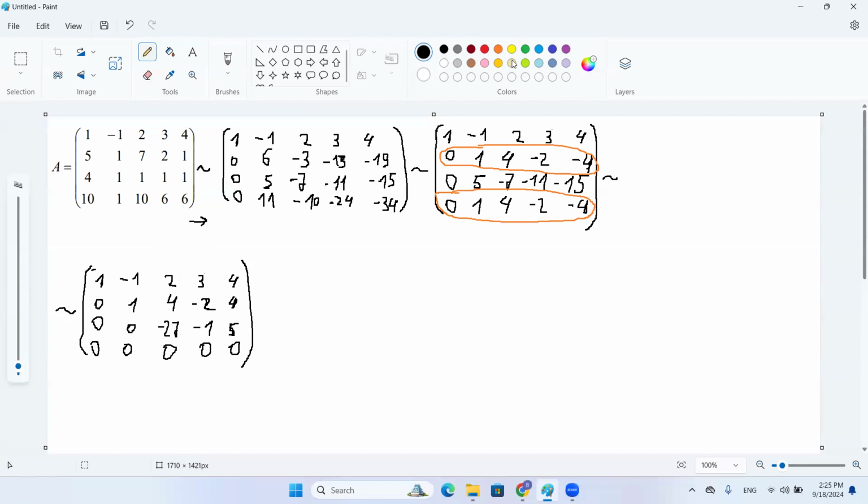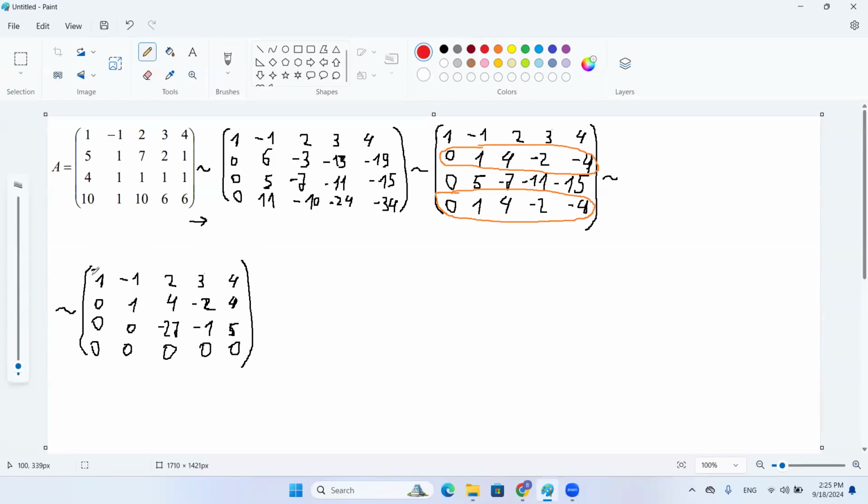Now, which minor do you want to calculate to verify it? Which looks easiest to calculate?